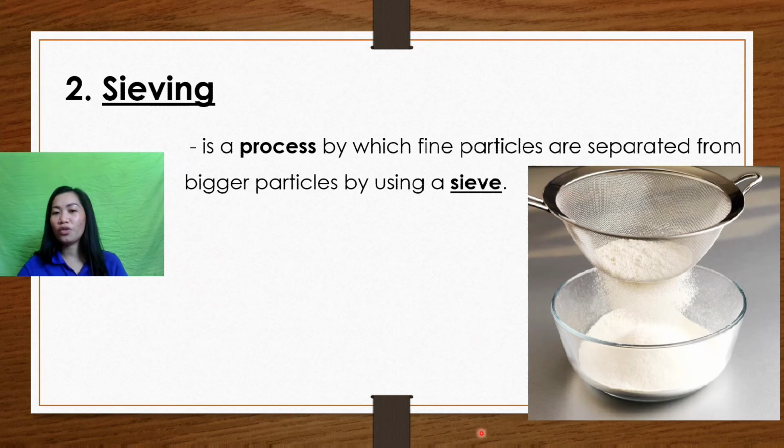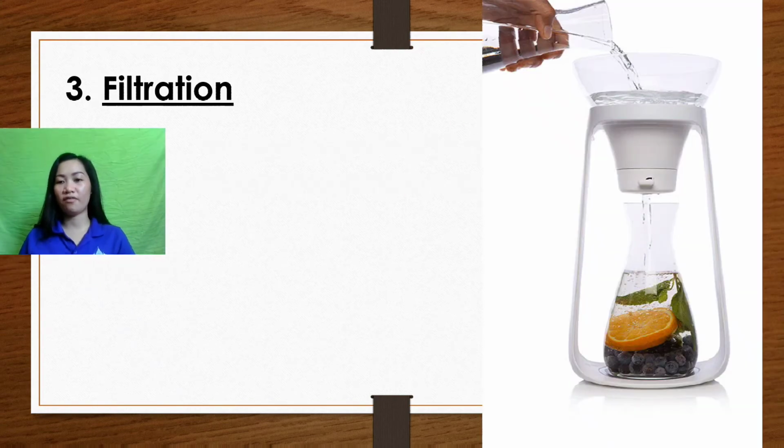This is common when you are sieving flour. You put the flour in the sieve and then you sieve it, and the small particles will be separated from the big ones. That is sieving.